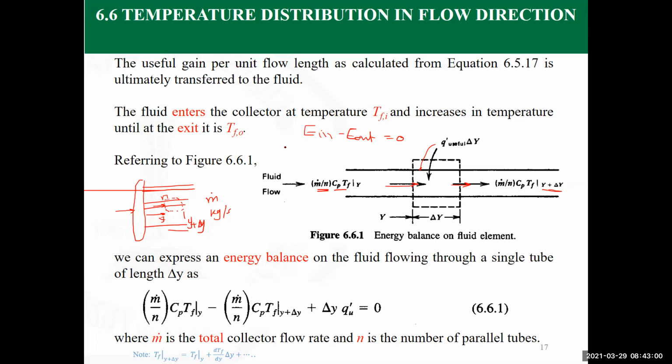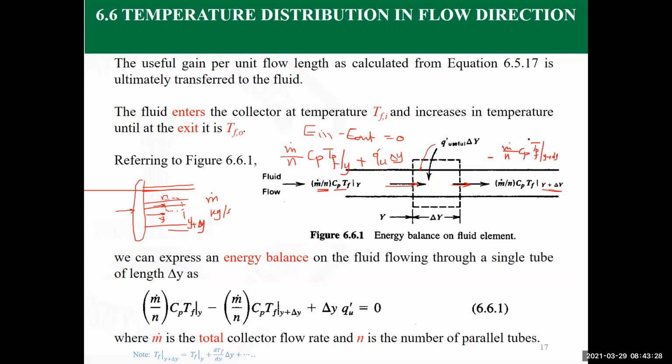The energy in simply is m dot over n Cp Tf at y plus Q useful into delta y. The energy out is going to be m dot over n Cp T fluid at y plus dy.